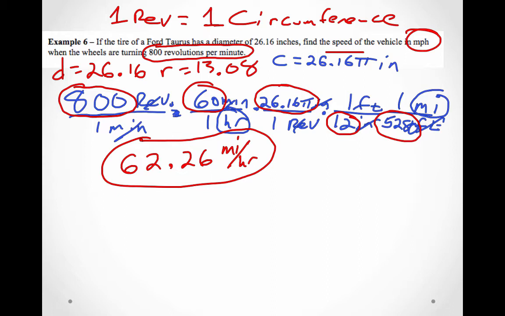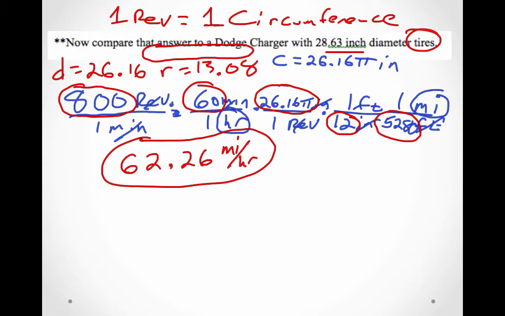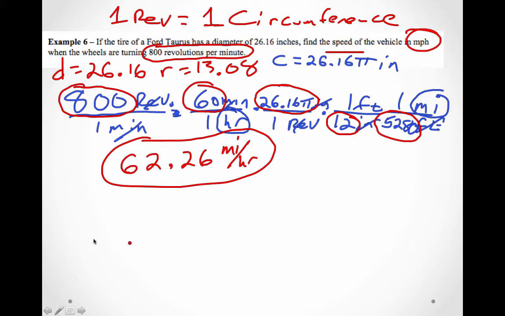So I swing over, and let me just look real quick at what the next problem says. Compare that to a Dodge Charger with 28.63. I'm going to make note that that diameter was 28.63, because really nothing is going to change except for the fact that we move this to 28.63.